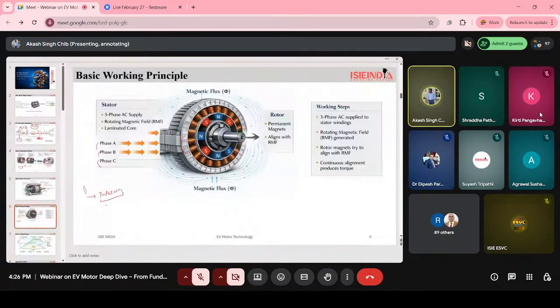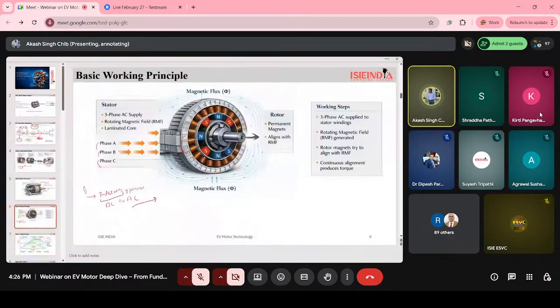That inverter converts the direct current supply to three-phase AC supply. Then that power supply is given to the stator part of the motor.